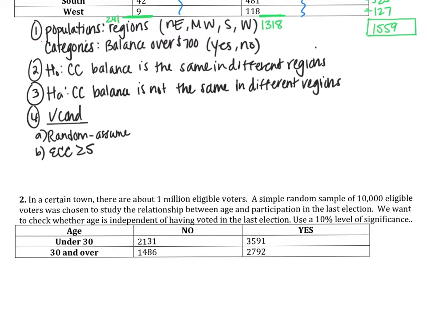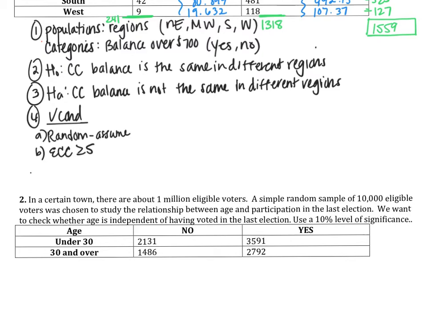So right now I would take a minute, pause this video, and fill in this table. So row total times column total over total for here. Row total times column total over total for here. For this one, for instance, row total times column total over the total. So I'm going to pause it and you guys fill this in. All right, so check your expected cell counts.